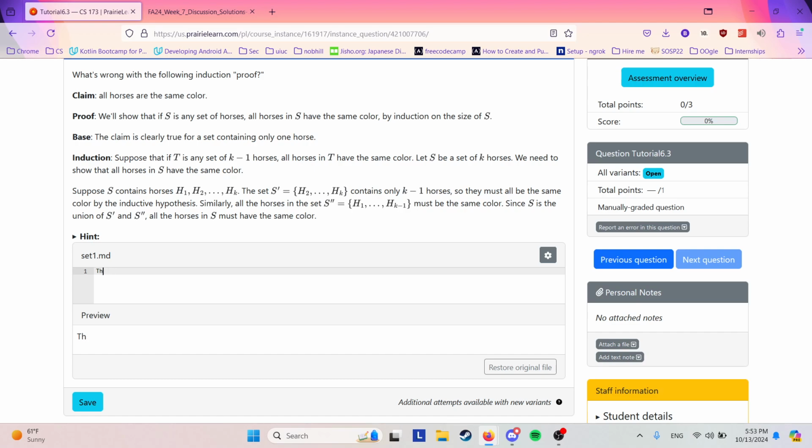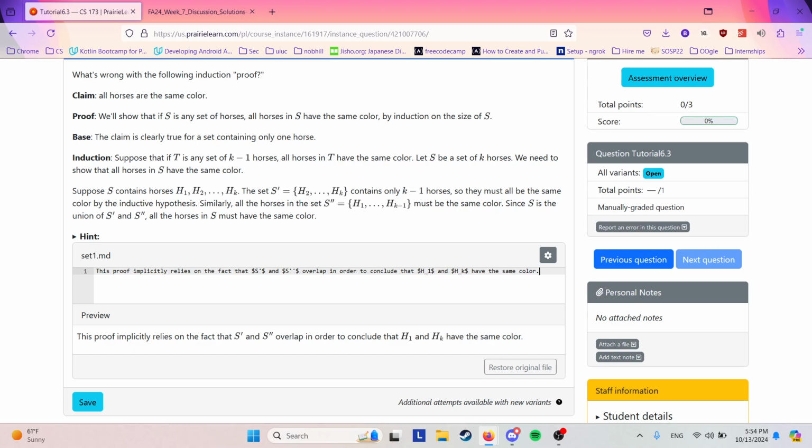So we'll say that this proof implicitly relies on the fact that S prime and S double prime overlap in order to conclude that h1 and hk have the same color.